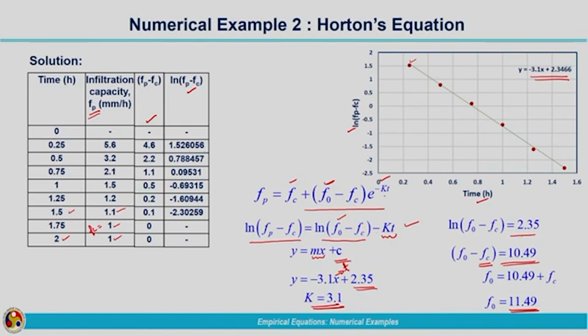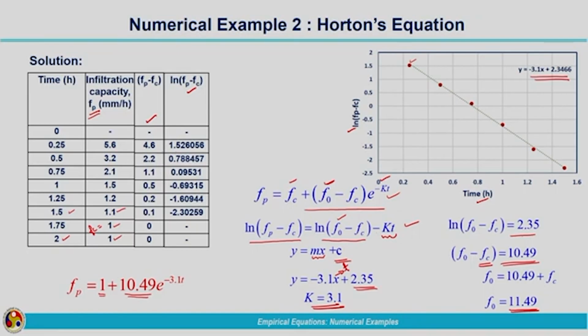Now, we can substitute in this equation to get the final form of Horton's equation. So, infiltration rate corresponding to these data can be represented by this equation: fc is 1 and f naught minus fc is 10.49, e to the power of minus 3.1 t.